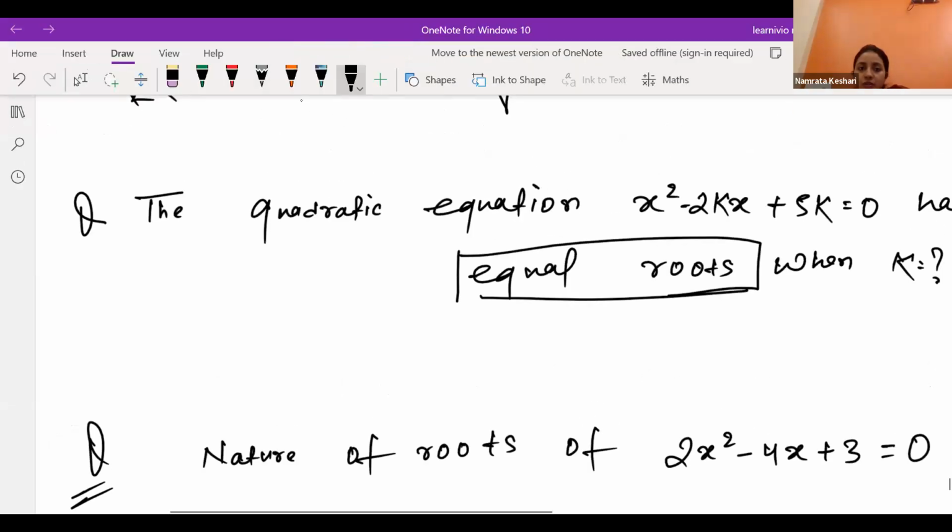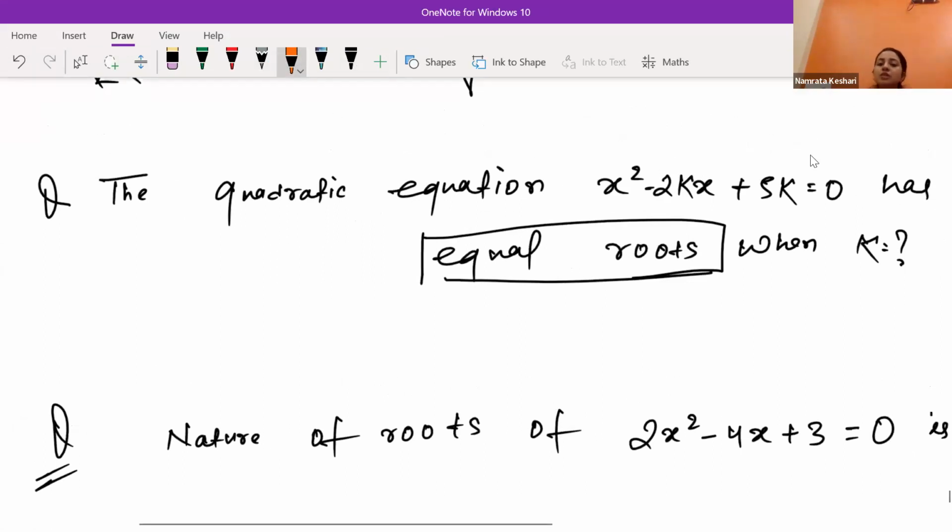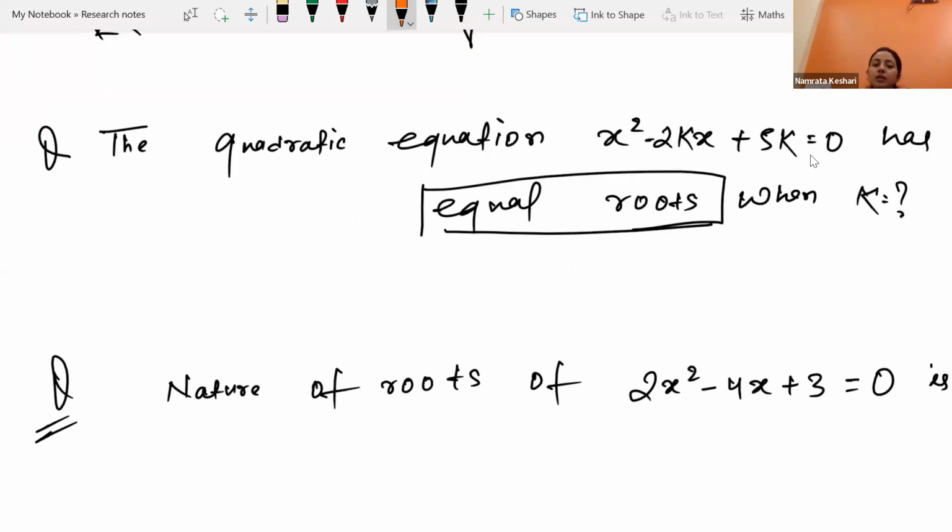Okay, let's do it. It says that the quadratic equation has equal roots. There were three conditions: if b square minus 4ac is greater than 0, then roots are real and distinct. Distinct means different.